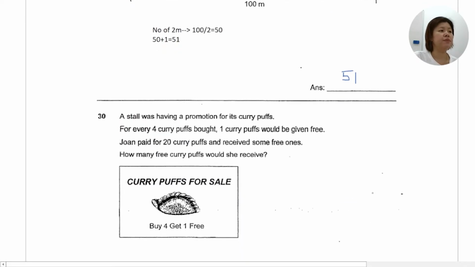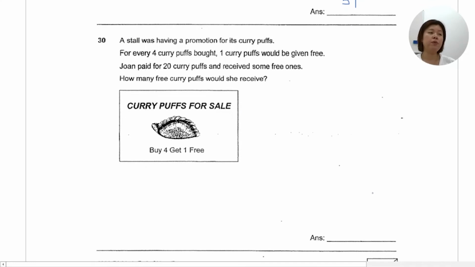51. Next, a store was having a promotion for the curry puff. Every 4 curry puffs I buy, 1 is given free. Wow. And then Joe paid for 20 curry puffs and received some free ones. So how many curry puffs did she receive? So altogether she bought 20 curry puffs. So we know that we buy 4, we get 1 free.